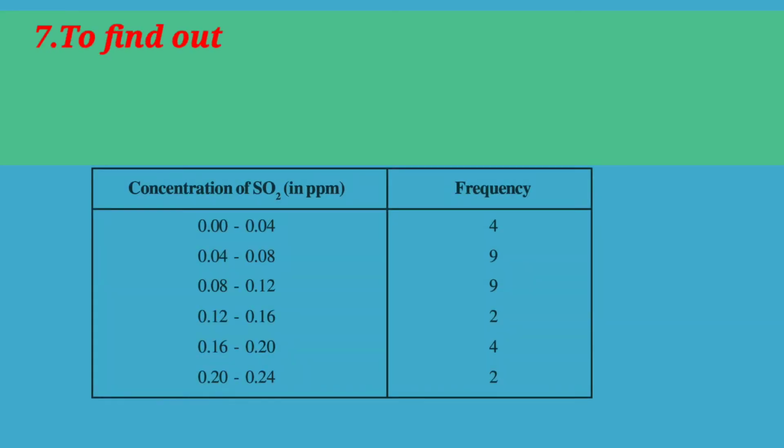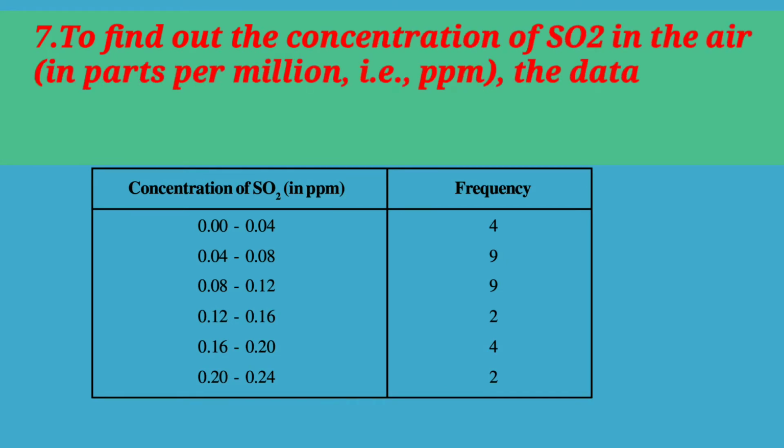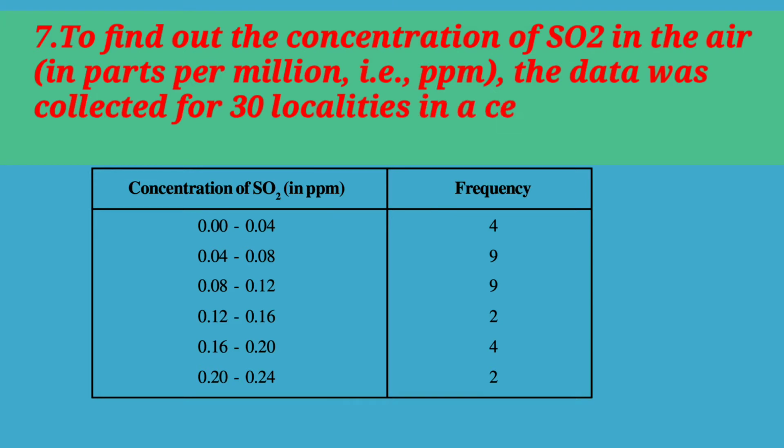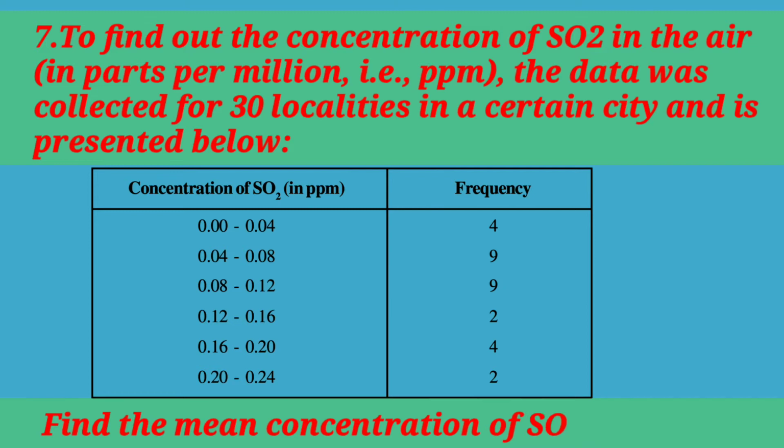Here we have a question. To find out the concentration of sulfur dioxide, SO2, in the air in parts per million, that is ppm, the data was collected for 30 localities in a certain city and is presented below. Here in the table, find the mean concentration of SO2 in the air. So let us solve it.